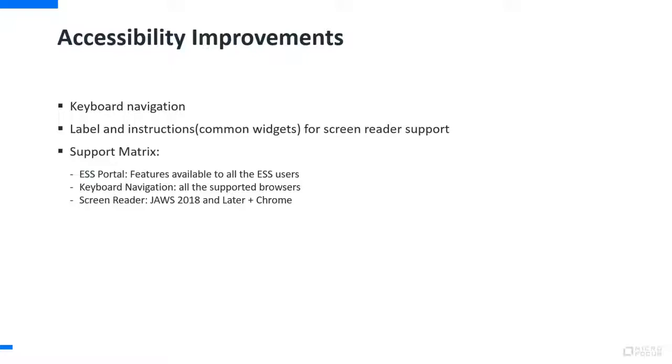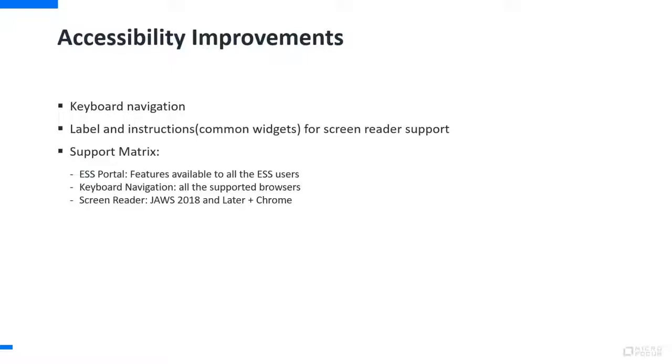And also for the screen reader, we start to provide some labels and instructions for the common widgets, like the text, some text checkbox, some basic and very common widgets.